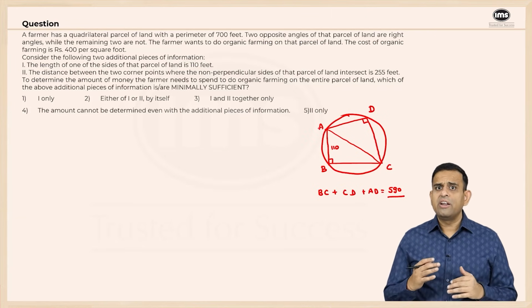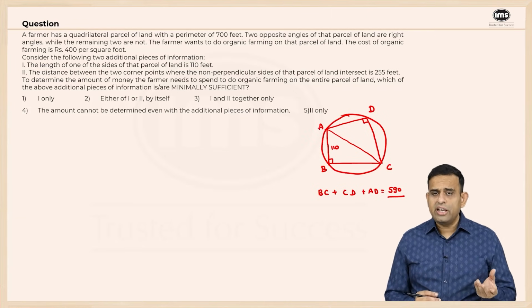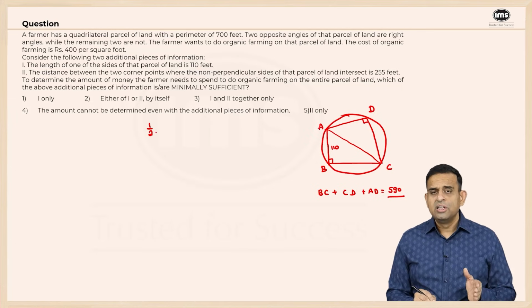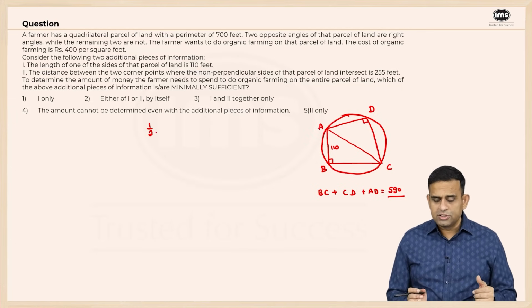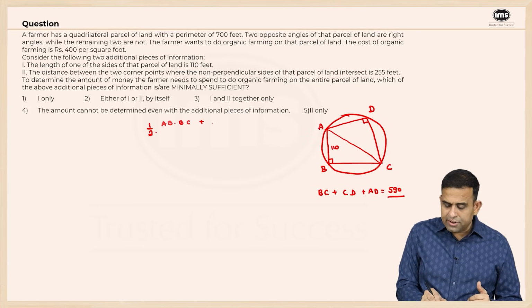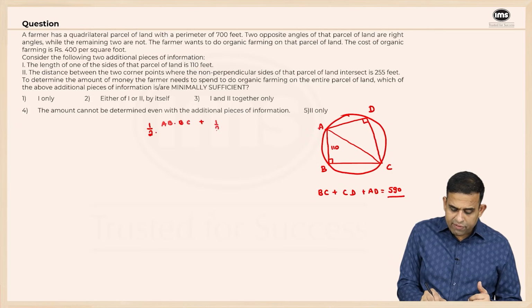And hence we can get different areas, because the area must be equal to, I can divide this land parcel into two triangles. Triangle ABC will have an area of half AB into BC, and the other triangle ADC will have an area of half AD into DC.